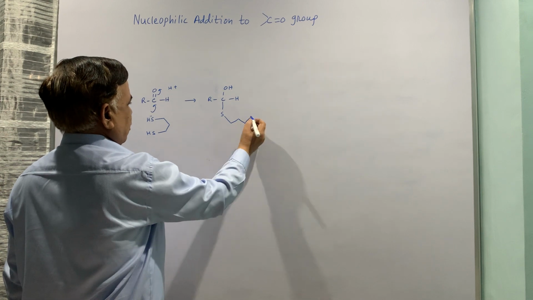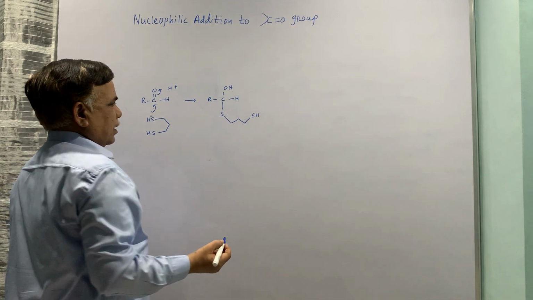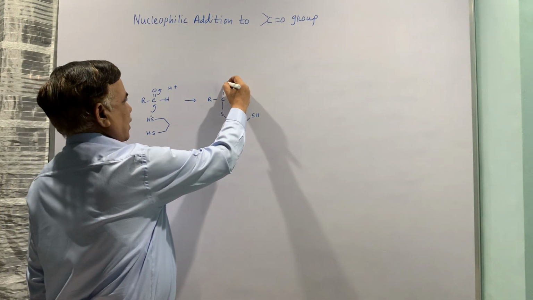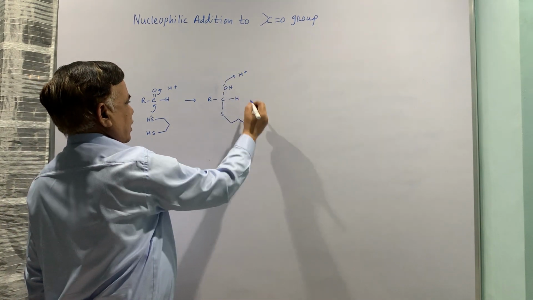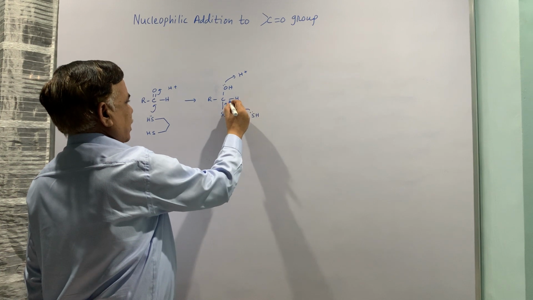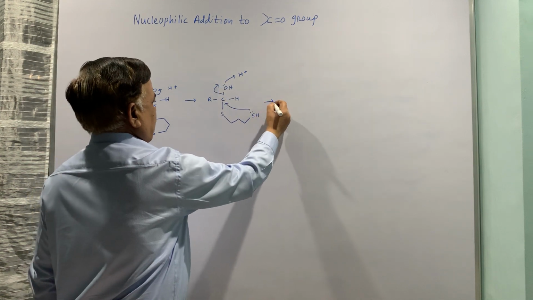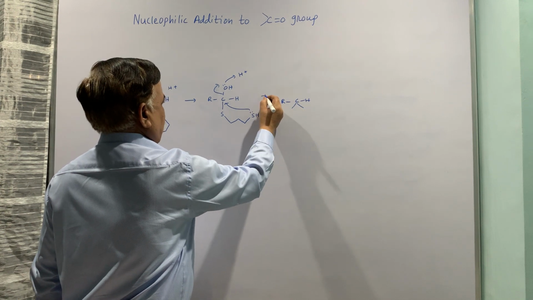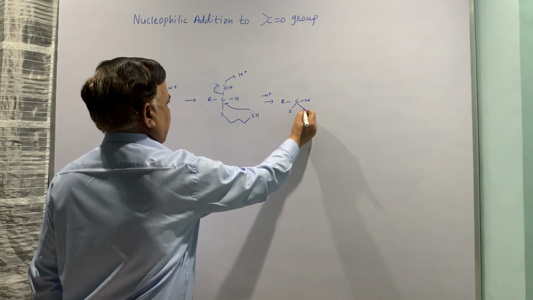CH2 3 times, and then these are the intervening methylenes. Then protonation of this and attack of this. So, this goes off and you will end up with a bond. I am just skipping one step here.